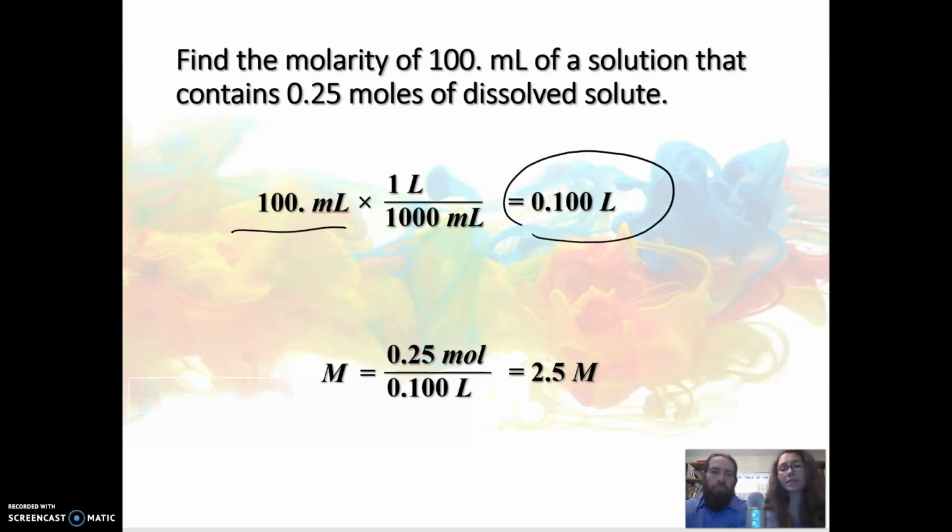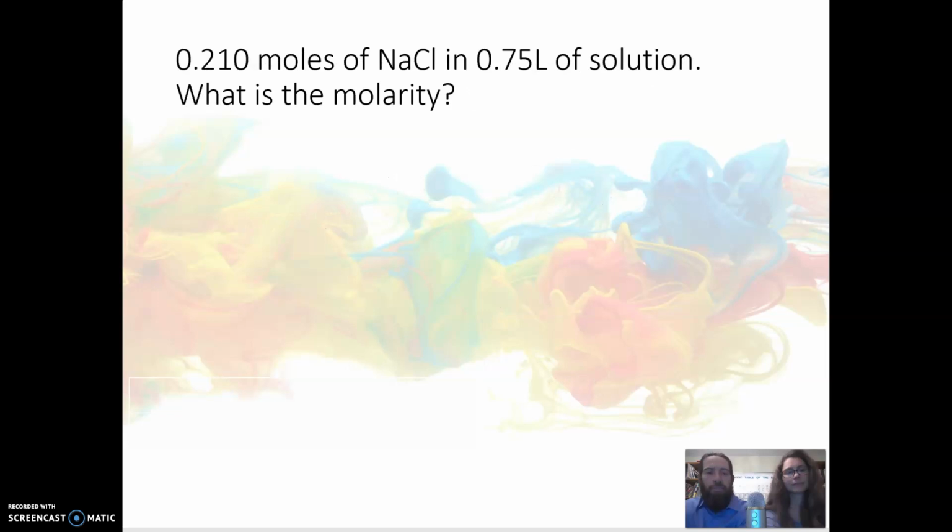And then we can simply divide our moles by our liters to get our molarity. It's that simple. And if you're not familiar with that milliliters to liters conversion, that's one to write down or practice. We'll be doing that a lot. A lot of these questions give you volumes in milliliters, and we need to go to liters for molarity.